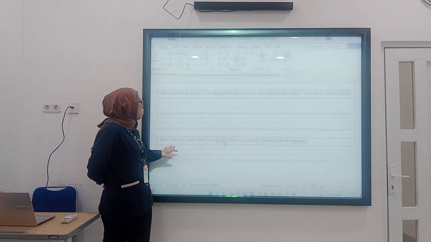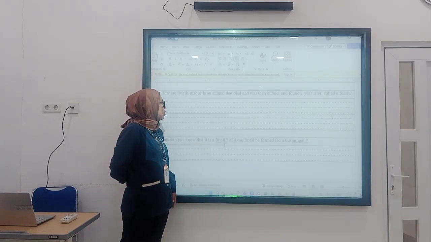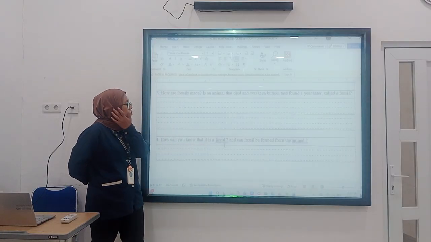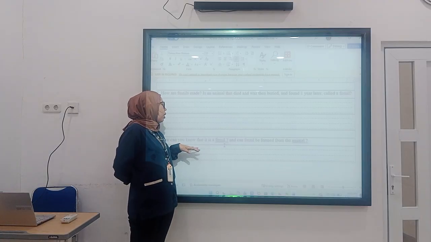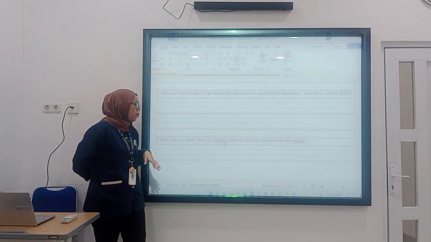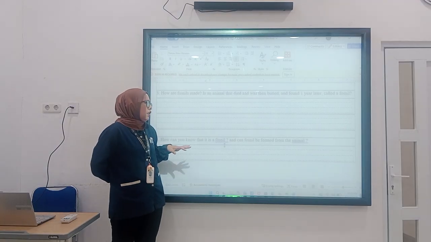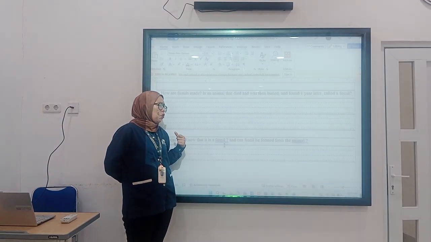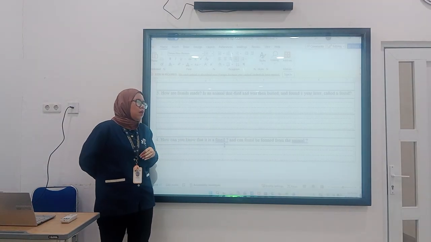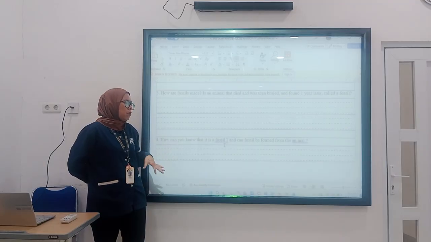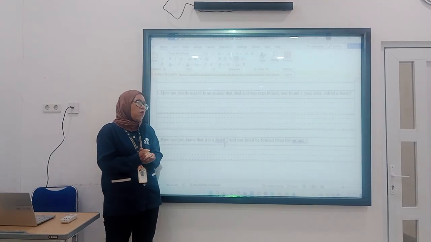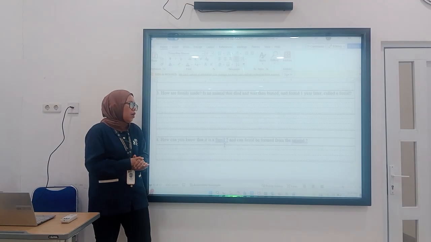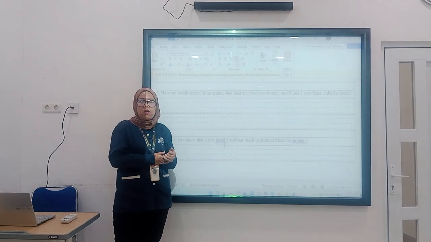Number 4: How can you know that it is a fossil, and can fossils be formed from animals? I can know it is a fossil when the left body of the plants or animals, like their leg or head or hands, becomes a rock.